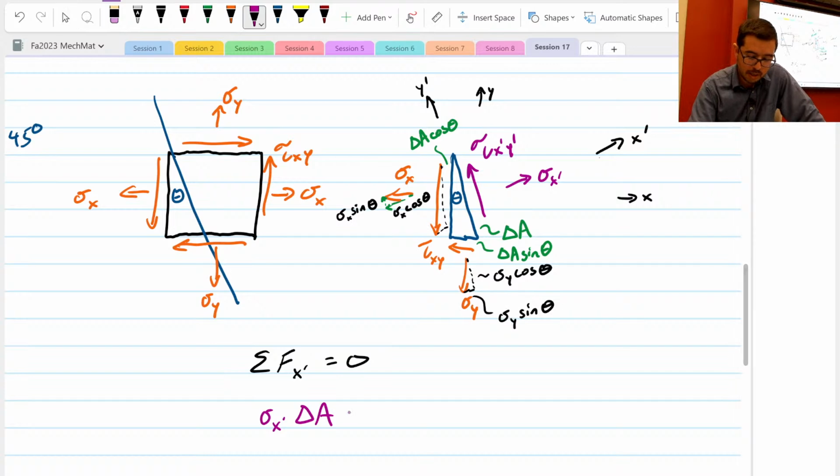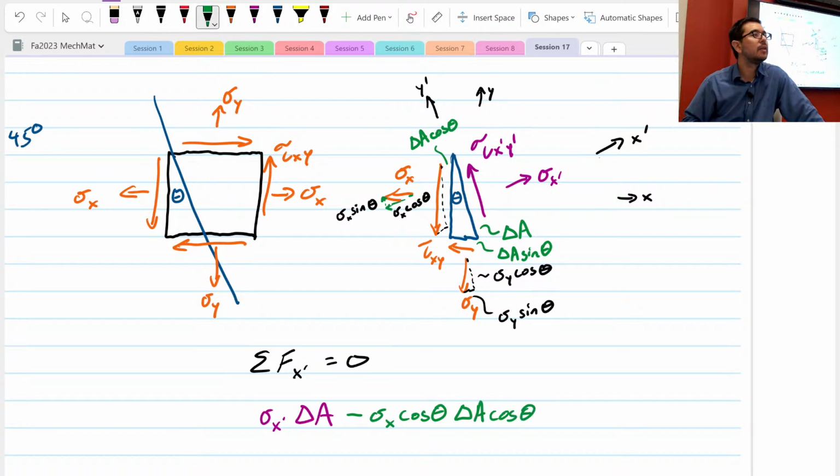So we're going to do minus sigma x cosine theta times delta A cosine theta. Questions on that? If you understand this, we're on our way to winning the World Series or something. There has to be a question on this. Everyone, is this crystal clear?